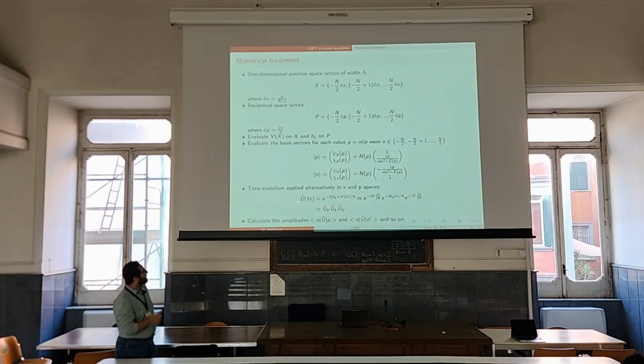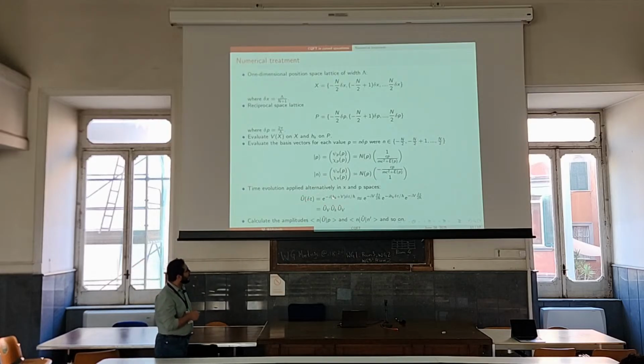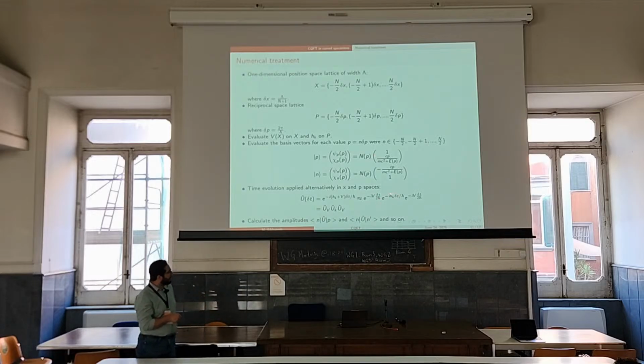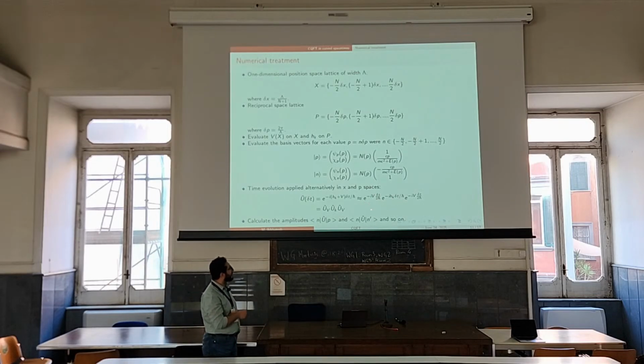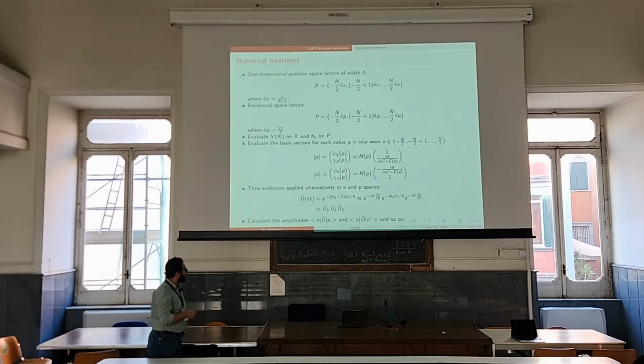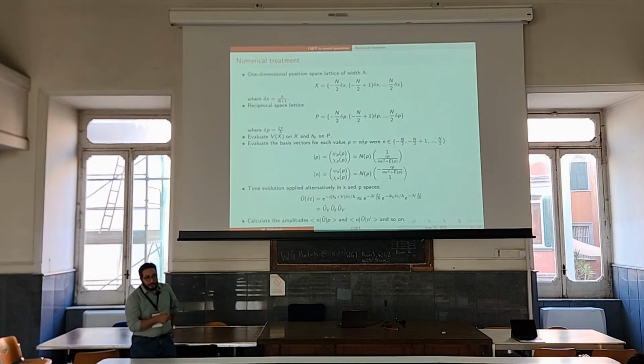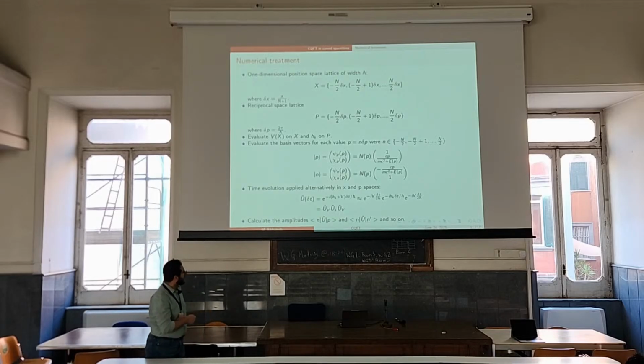Then we calculate the time evolution using the time evolution operator, and we use the split operator method when we have terms depending on the position which do not commute with the momentum. So whenever needed, we use this split operator method. And finally, we use this time evolution operator to evaluate those amplitudes of the modes.